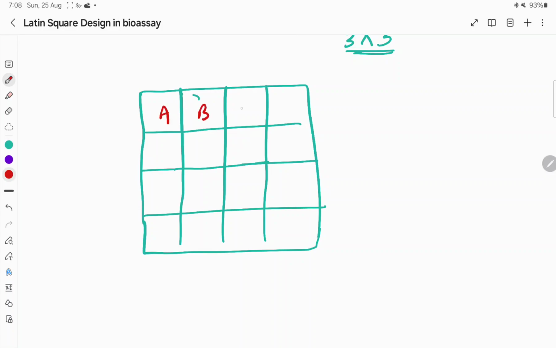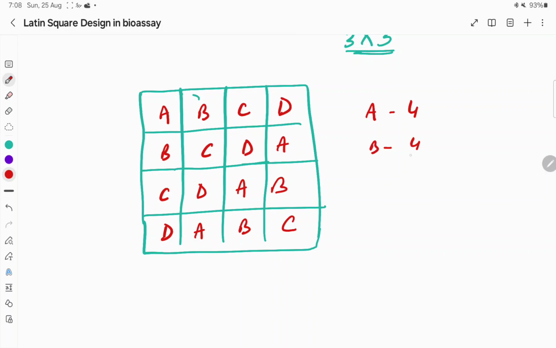A, B, C, D. Next we will start with B: B, C, D, A. Then we will start with C: C, D, A, B. Then we will start with D: D, A, B, C. In this way, A is repeated 4 times, B is also repeated 4 times, C is repeated 4 times, and D is repeated 4 times. So we have the repetition of the treatments, but we have changed the sequence.